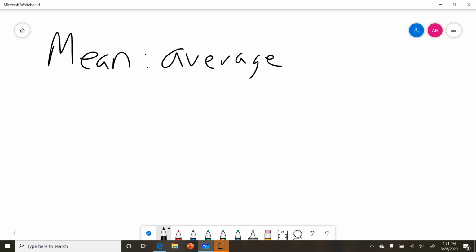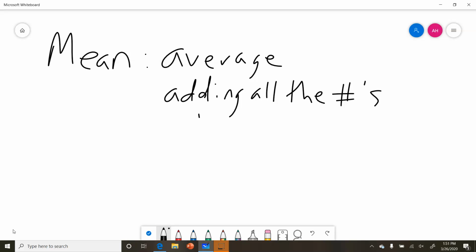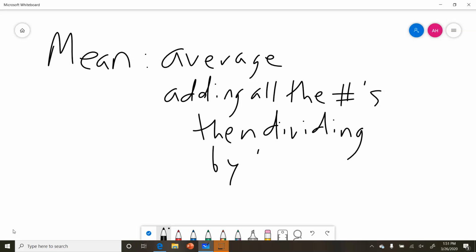So the next thing we need to know is the mean. The way we find the mean is the average. Okay, and the way we find that is by adding all the numbers, then dividing by the number of numbers.